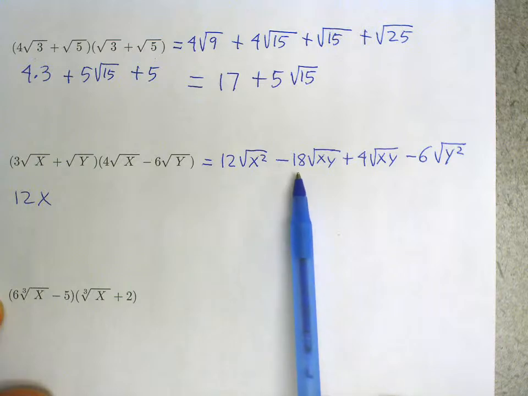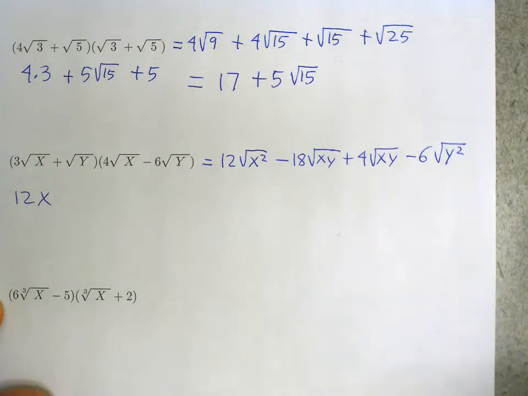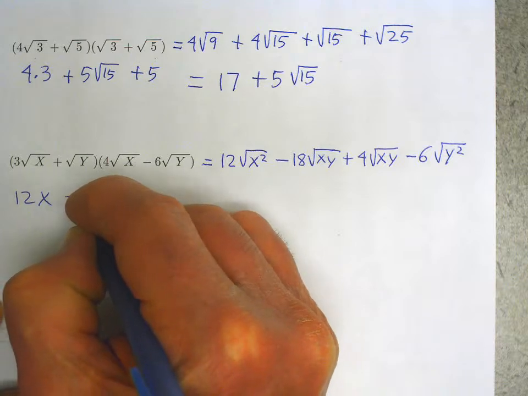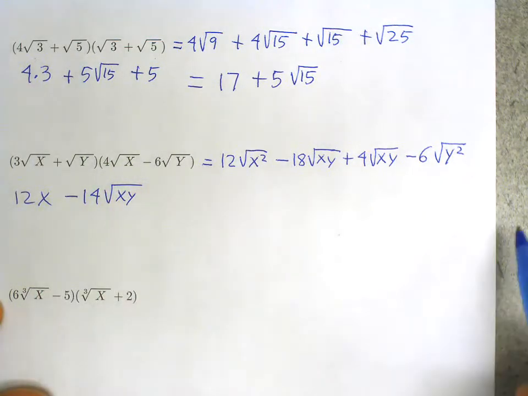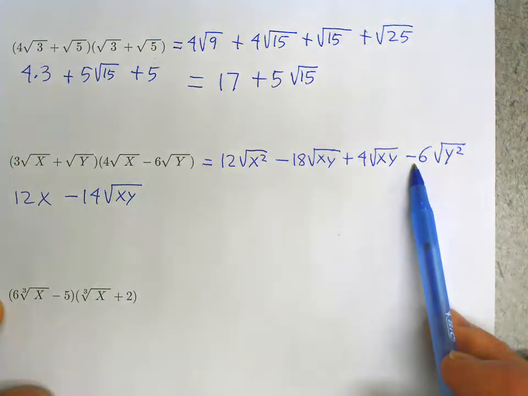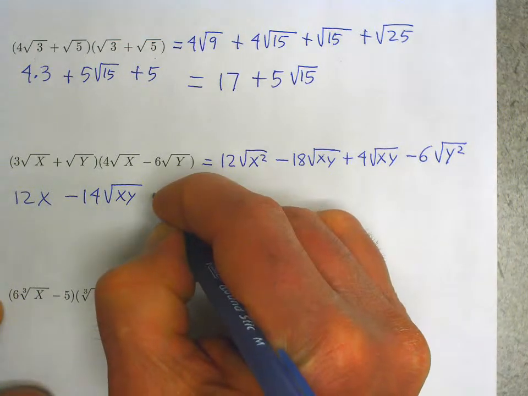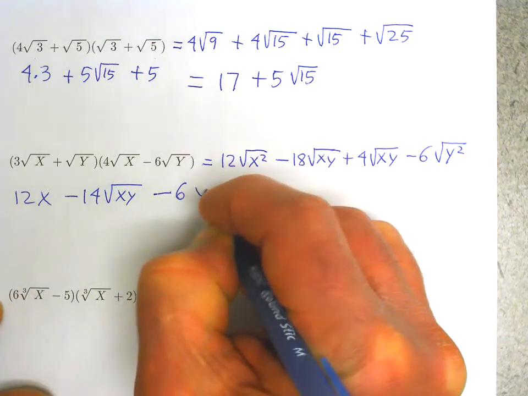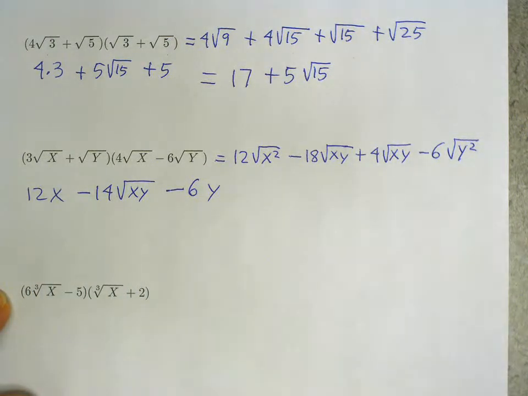So minus 18 times the square root of xy plus 4 times the square root of xy simplifies to minus 14 times the square root of xy. And then finally, minus 6 times the square root of y squared simplifies to minus 6 times y. So this is the simplified result.